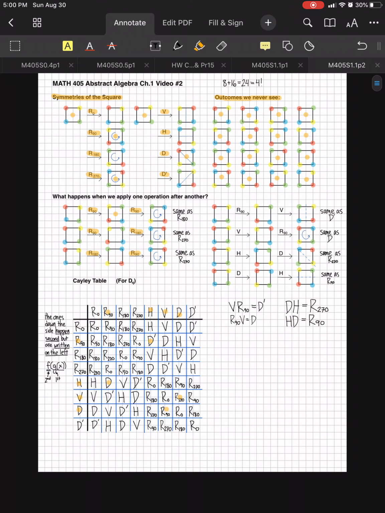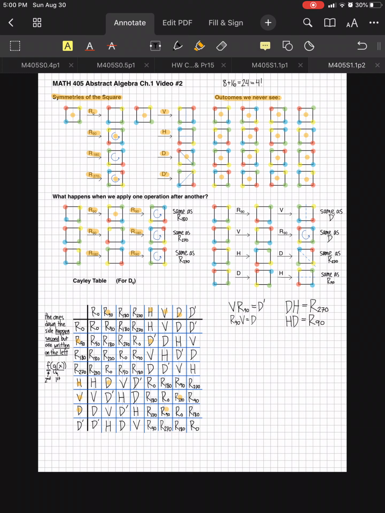Now, the reason I wanted to point that out is the general topic that we're going to get into in Chapter 2, which is groups, is essentially this kind of concept, where we have some elements. In this case, our elements are these rotations and flips, and we're combining them, essentially. We're putting them together. So one simple version of that is just adding two numbers.